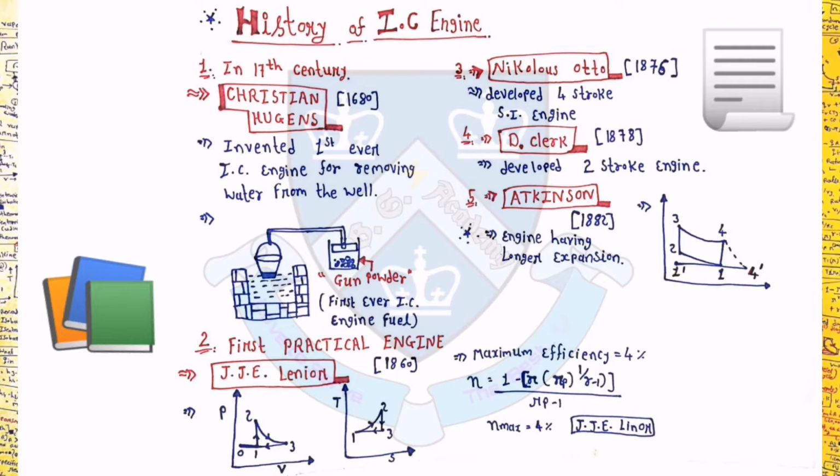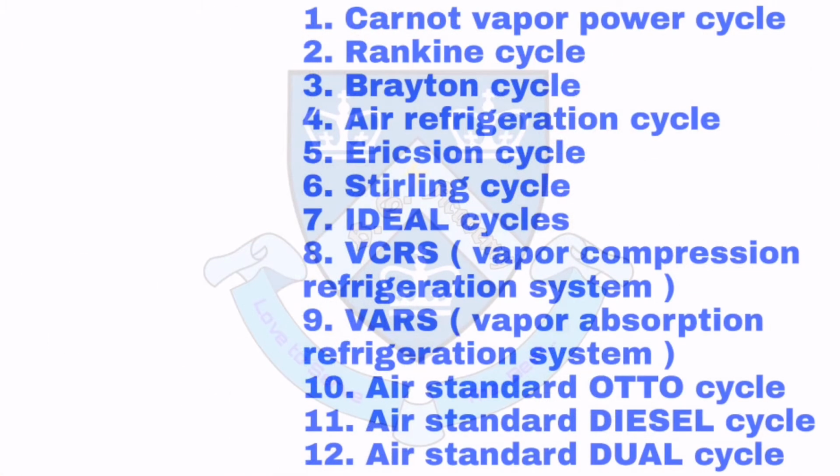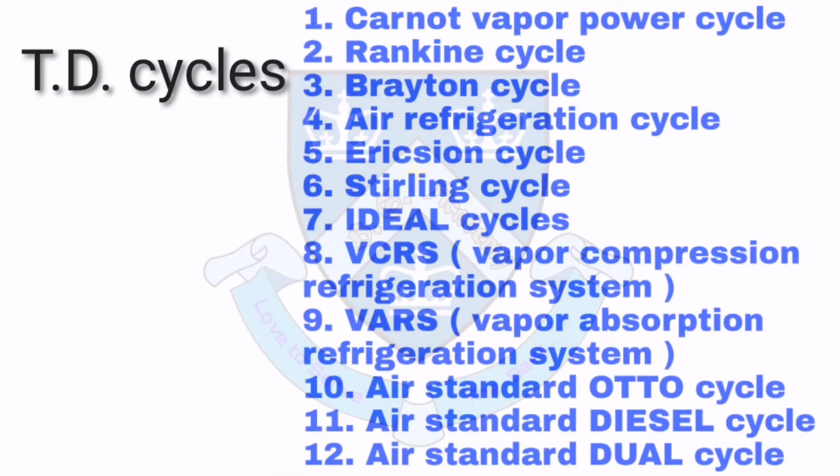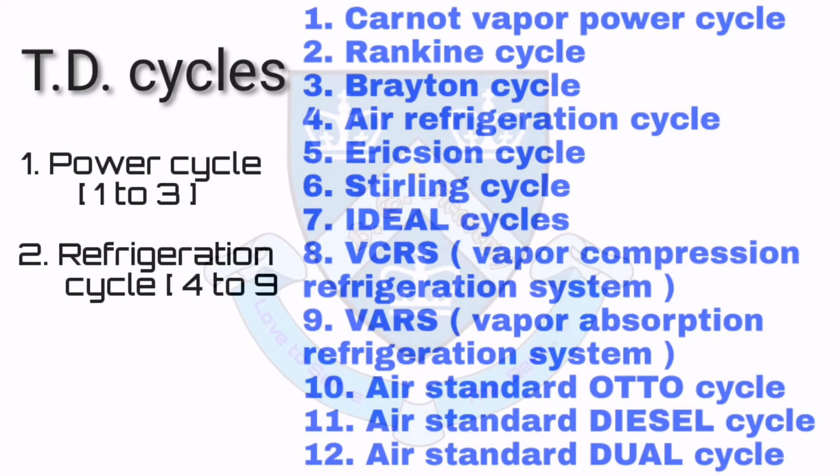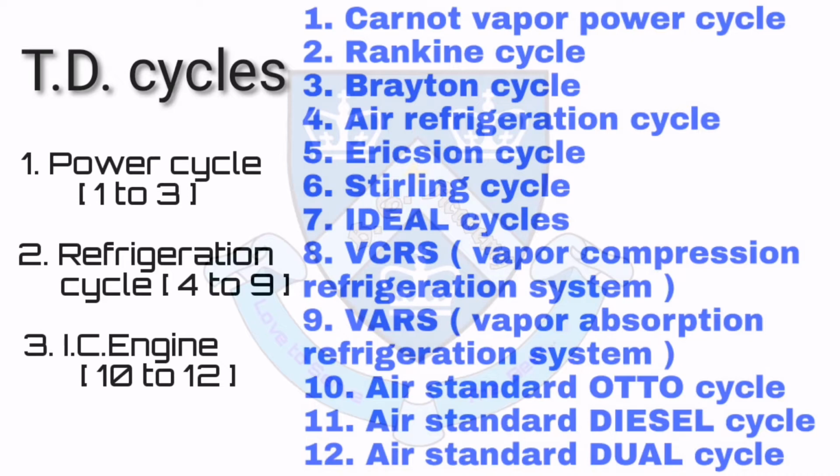Now, overall, if we think about the thermodynamic cycles, they include 3 types. First one is power cycle, second one is refrigeration cycle, and third one is IC engine. Power cycle includes vapor power cycle and gas power cycle.